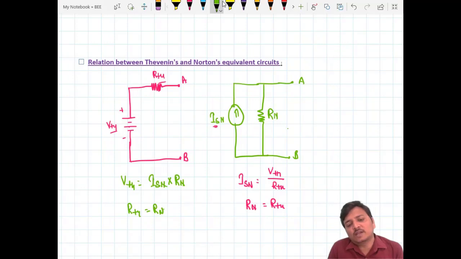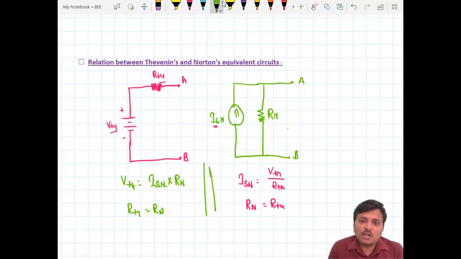So this is the equivalence relation between Thevenin's and Norton's equivalent circuits. If Thevenin's terms are given, you can find the Norton's equivalent circuit, and if Norton's quantities are given, you can get the Thevenin's equivalent. We can make it equivalent. We will call this a source transformation.